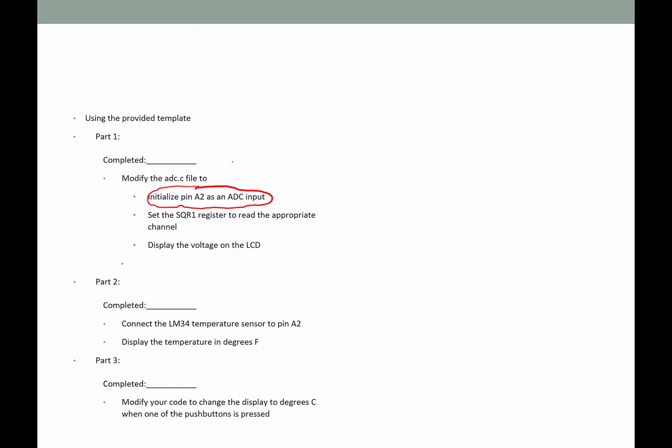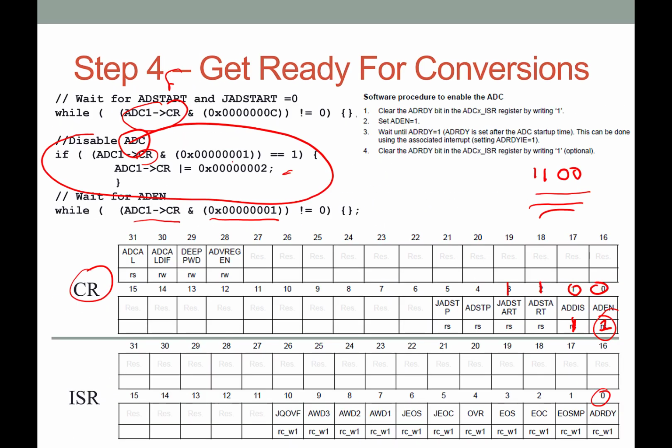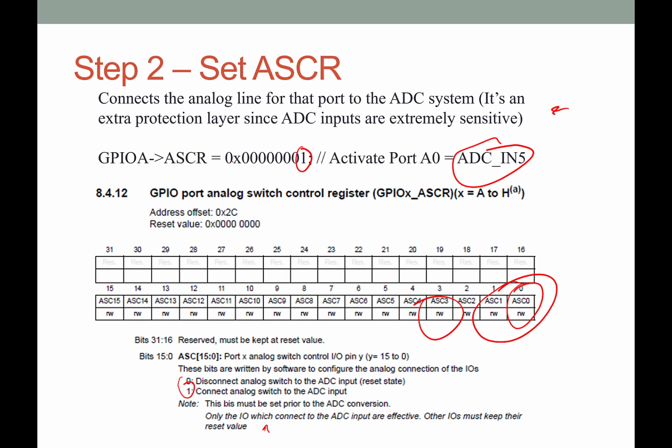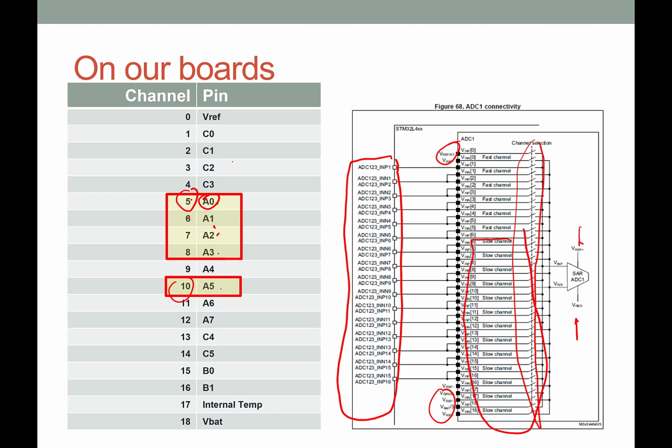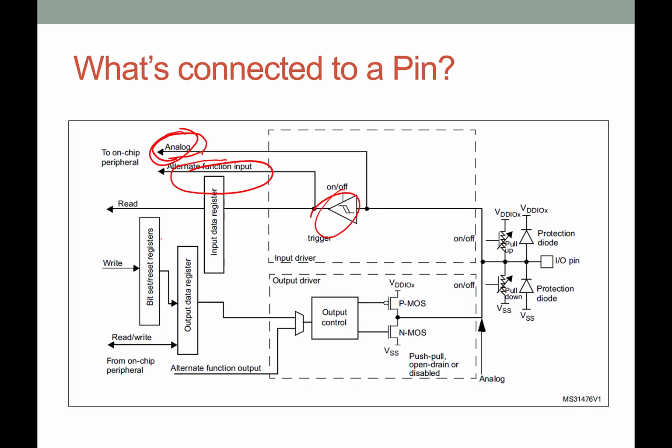Now pin 2 is not what we did. We did pin A0. So pin A2 we're going to have to go way back. And remember, we want to do pin A2. So what's the difference? We're going to have to look at ADC 7. So that channel 7, not channel 5.